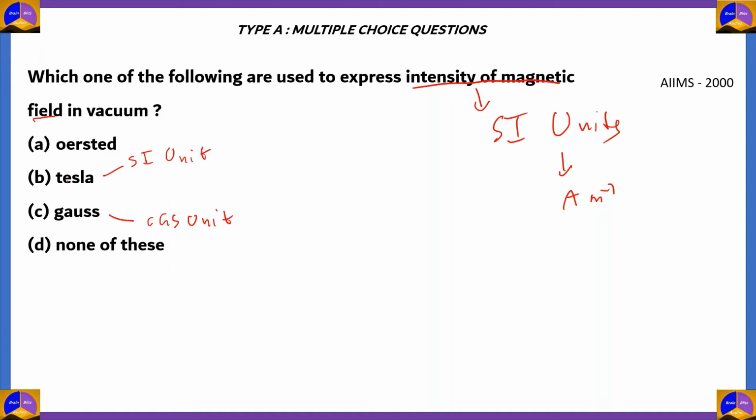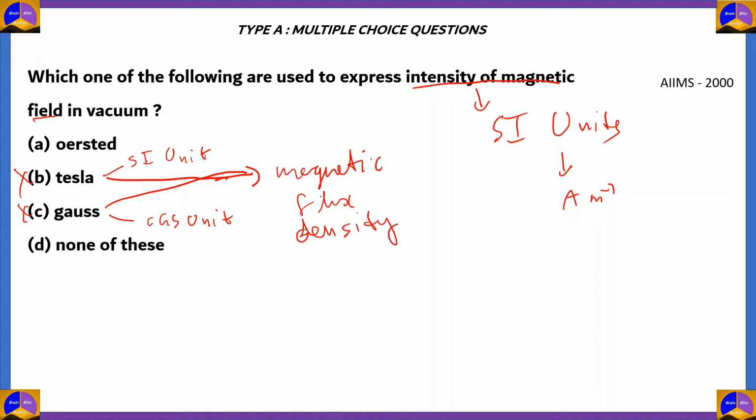But both of these become incorrect because they are the units for magnetic flux density. So options B and C are incorrect because these are the SI or CGS unit for magnetic flux density. That's a different quantity.